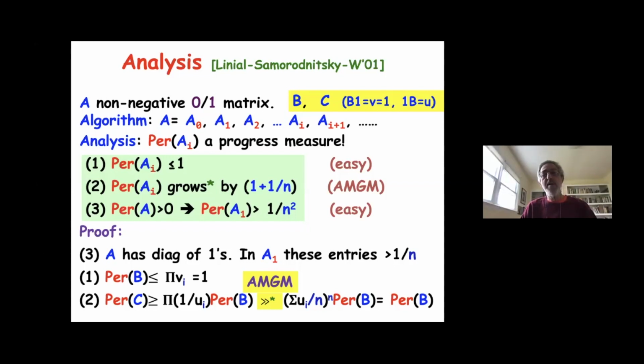If it was a 0-1 matrix, all the entries which correspond to edges that participate in no perfect matching will go to 0. All the other entries will remain positive.